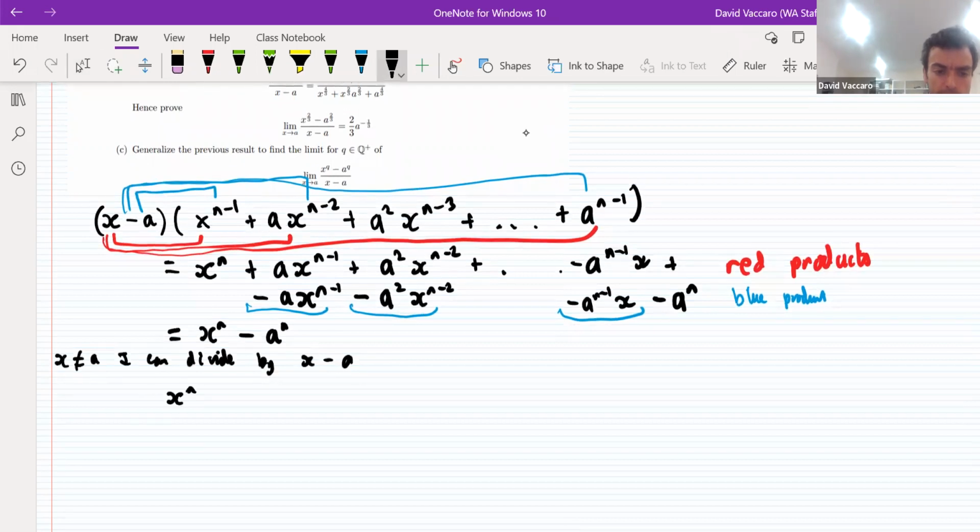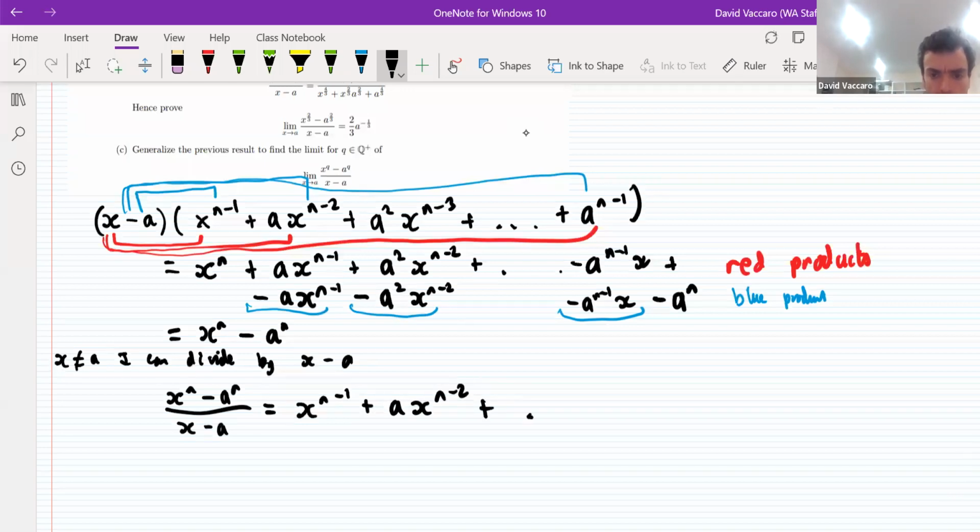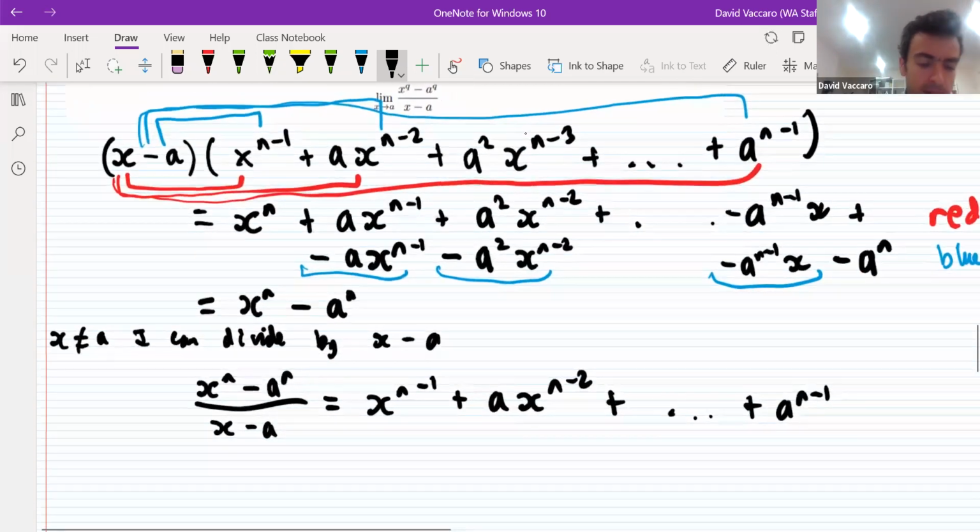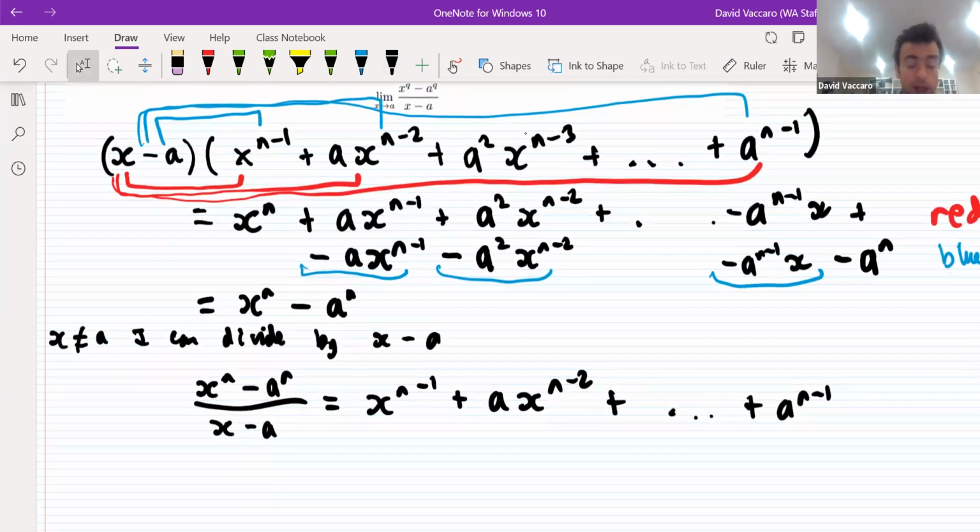So I get x to the n minus a to the n over x minus a is equal to x^(n-1) plus a x^(n-2) plus ... plus a^(n-1). Okay, question. Have I gone mad?